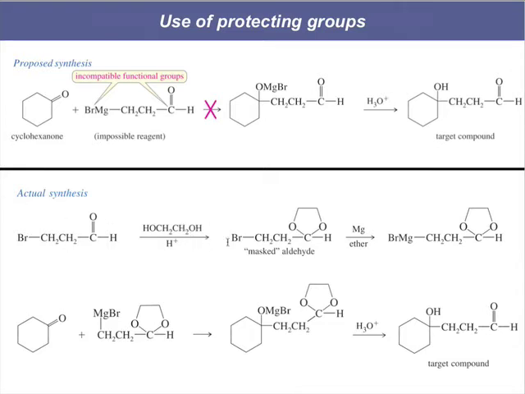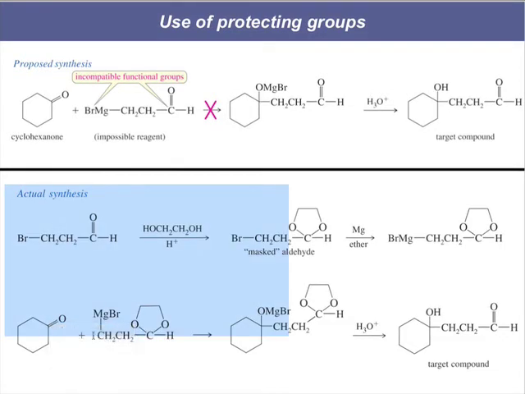Then we can convert our bromine into a Grignard. Now we no longer have incompatible functional groups. So when we introduce our Grignard to our ketone, those are the only 2 viable reaction partners. And our Grignard will add exclusively to our ketone, get us our product or something that's close to our product.